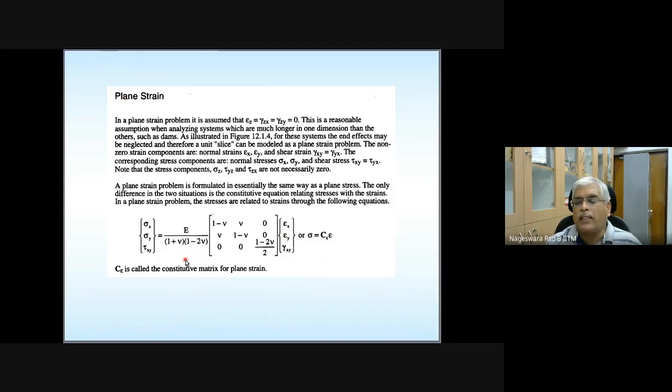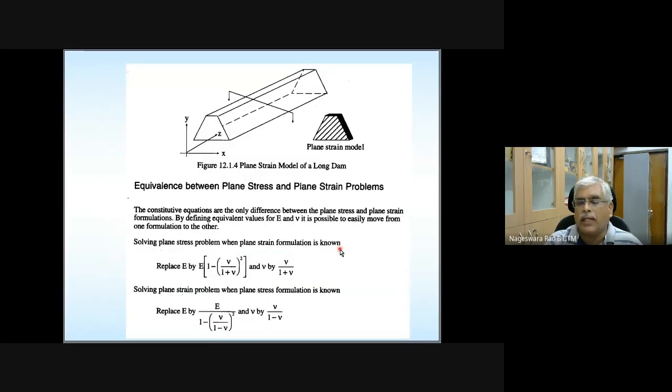For plane strain, the constitutive relation looks like this. So this is the only difference. How stress is related to strain is different for plane stress and plane strain, and the rest of the quantities are the same. The equilibrium equation in terms of stress is the same, and the strain displacement relation is also the same.